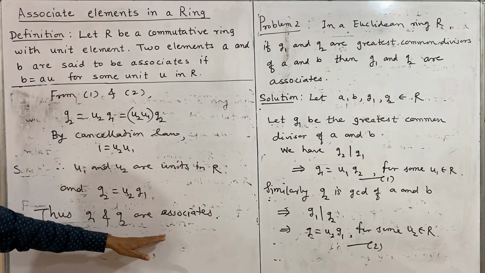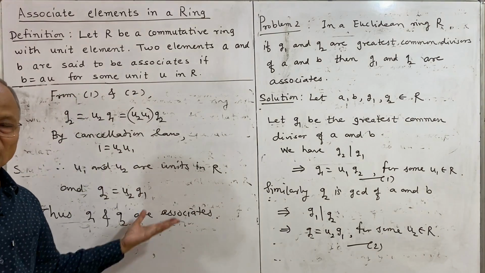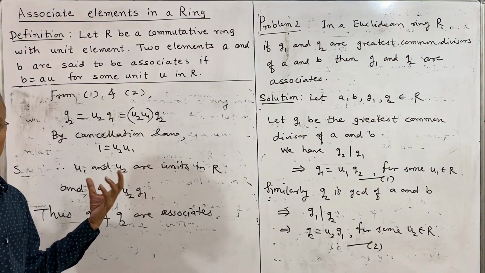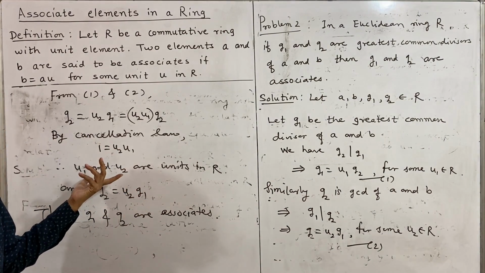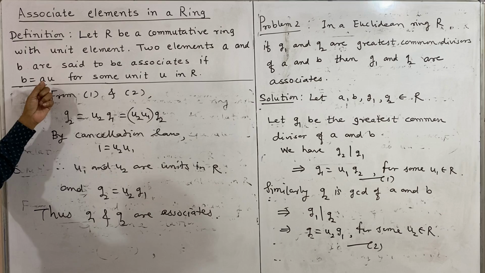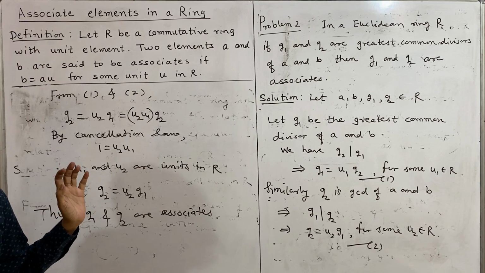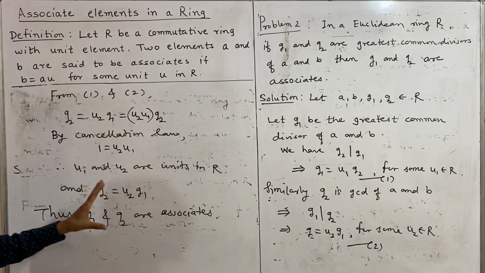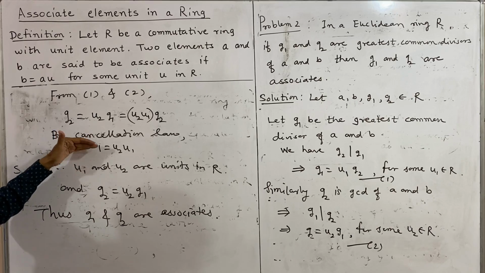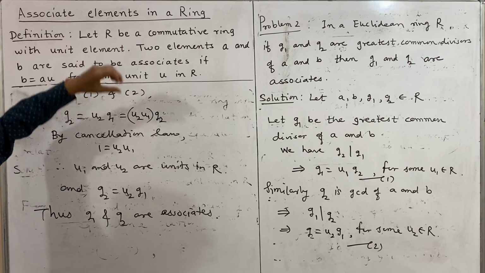This is the meaning of associate elements. In simple words, two elements are associates if they divide each other, or one is expressed as the second into some unit in the ring. And thus we have studied associate elements in a ring.